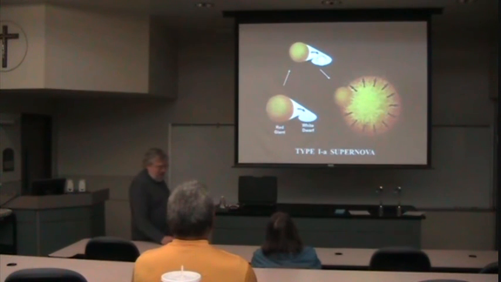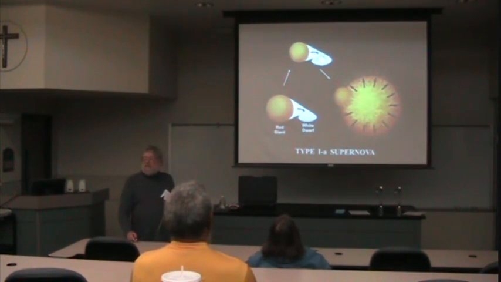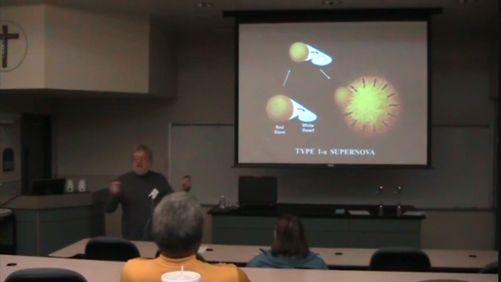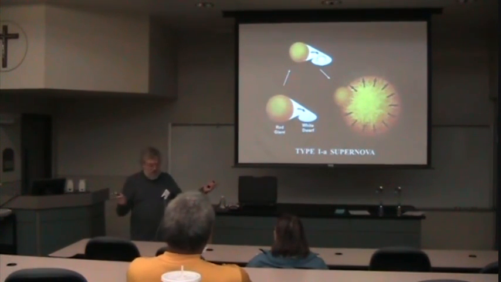Now the neat thing about that is they should all be the same brightness, shouldn't they? Because all stars are different sizes to start with, but when you get each one up to its tipping point at 1.4 solar masses and then it blows, the explosion ought to be the same regardless.